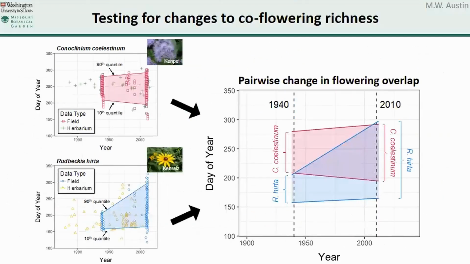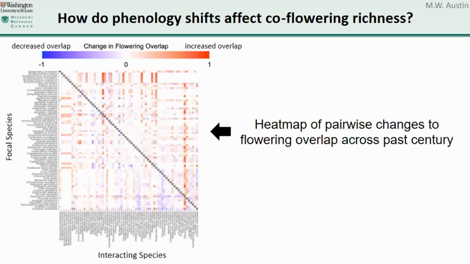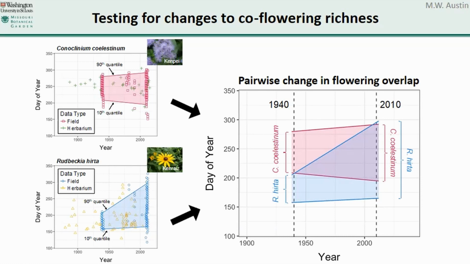So I used these data to test for changes to overlap for every unique pairwise comparison of species in this data set. So for example, here are those results for Conoclinium celestinum and Rudbeckia hirta, where we can test how flowering overlap has changed between these two species across the past century by overlaying these two results and seeing how their flowering overlap in a historic reference year, which I used as 1940, compares to their overlap in a contemporary reference year, which I used as 2010.